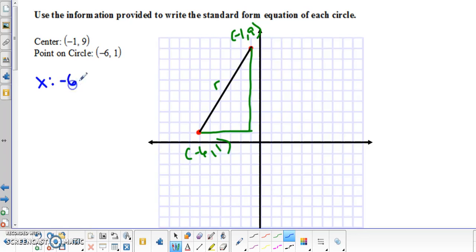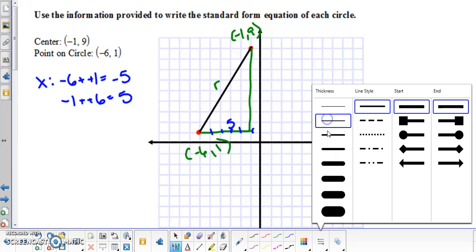So I'm going to go -6 minus -1. It's going to turn into plus, and that's going to get me -5. Again, I could do -1 minus -6, and I would get 5. It doesn't matter which one I choose, simply because I'm going to square it in my Pythagorean theorem, and no matter what, that gets me a positive number. So this is my horizontal, 5. And I could have guessed that by counting, 1, 2, 3, 4, 5.